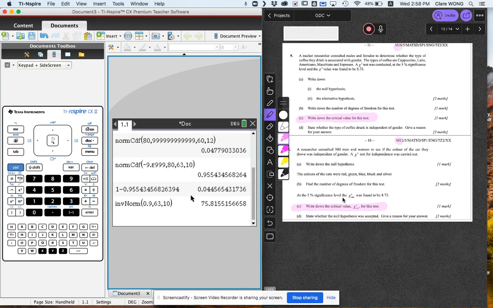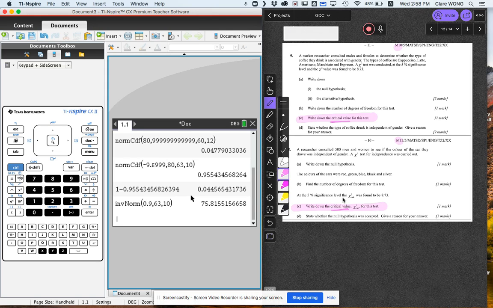When you're practicing past paper questions and you encounter these, it's not that you can't answer it because you were not taught to do this part. What you do is actually go to the marking scheme, write down the answer for this and continue on with the next part, making conclusion.